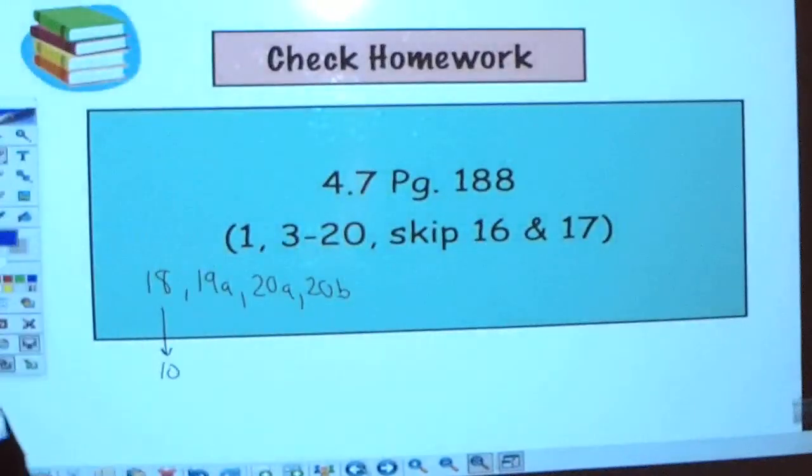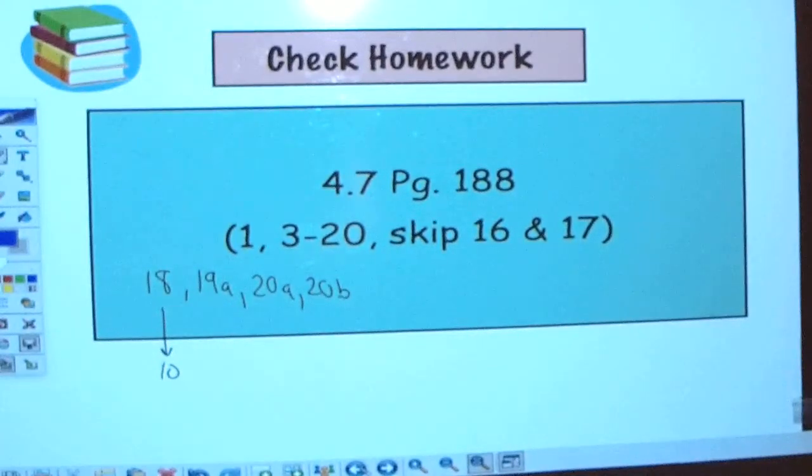Okay, number 1, the slope is -2, and the point is -1, 3. You're checking this on both papers if you have 2.